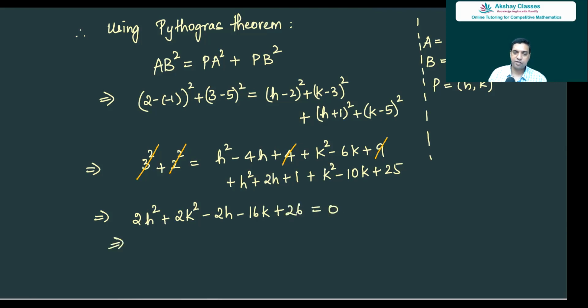Now we can divide this by 2 throughout. h square plus k square, 2 is the common factor, minus h minus 8k plus 13 equal to 0.